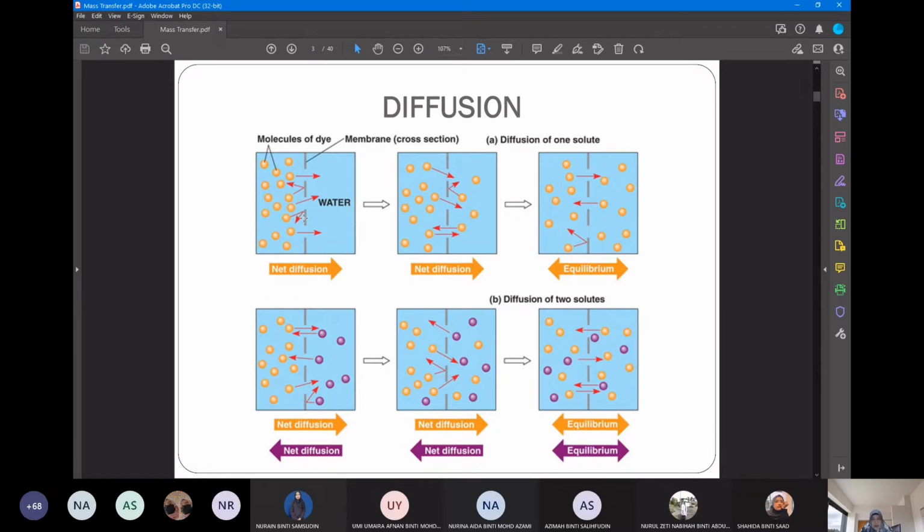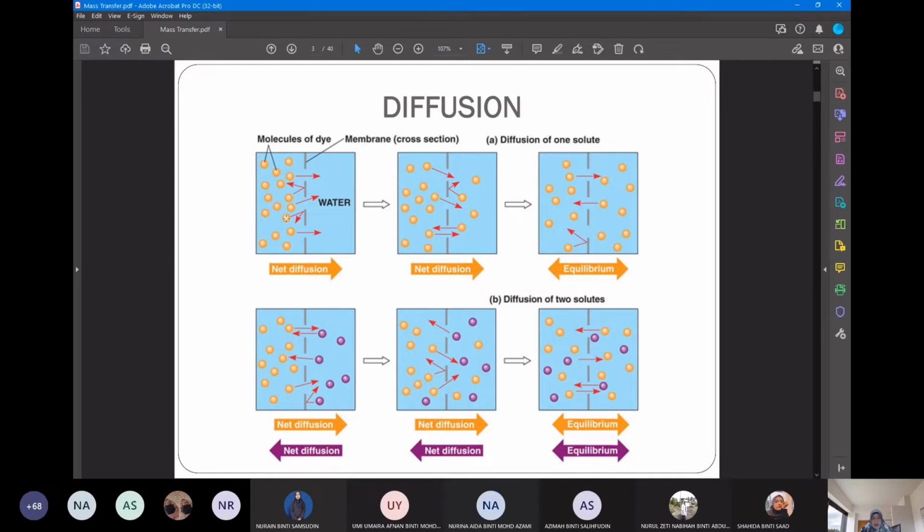If you look at this diagram, it doesn't mean that you have to assume everything in liquid form. It doesn't mean that you have to assume everything in gas form. So just focus one by one. If you're given the situation in gas, then you are explaining the motion or the transfer in gas.